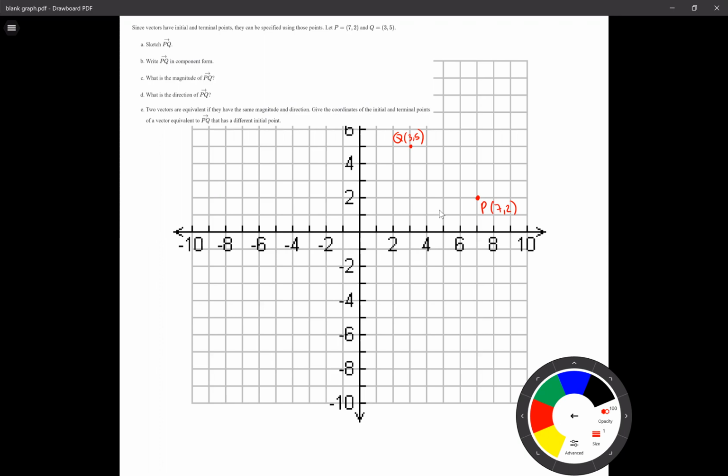So my first question is, does it matter where I start a vector? That means, does it matter if I start a vector from Q to P or P to Q, or it doesn't matter at all? Okay, I got, you start with P to Q. Okay, how about the rest of you?